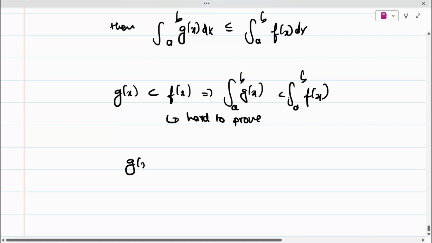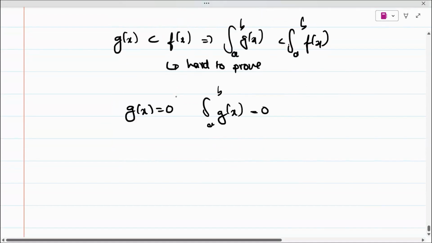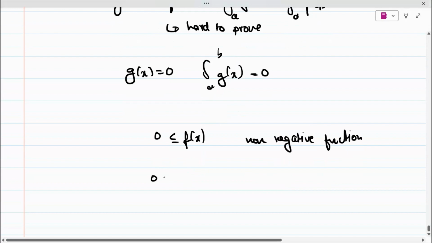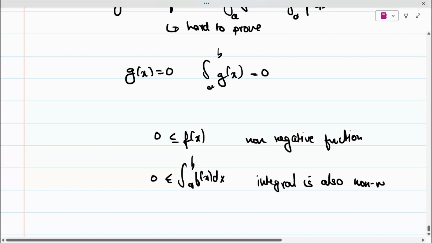Also, note that if g of x equals 0, the integral of g of x is equal to 0. We have that for every non-negative function, its integral is also non-negative.